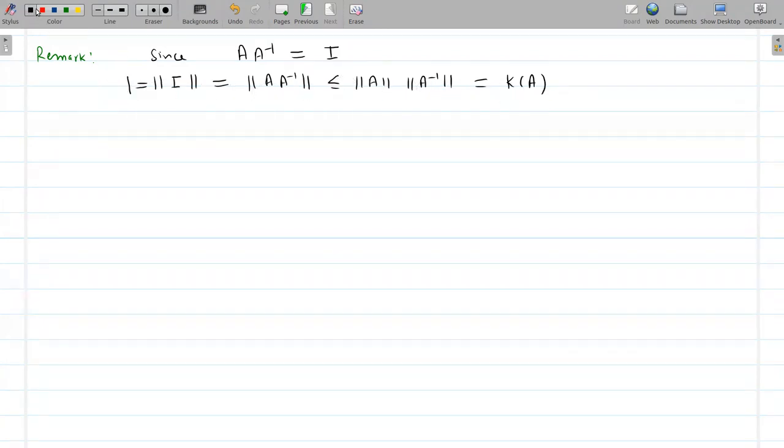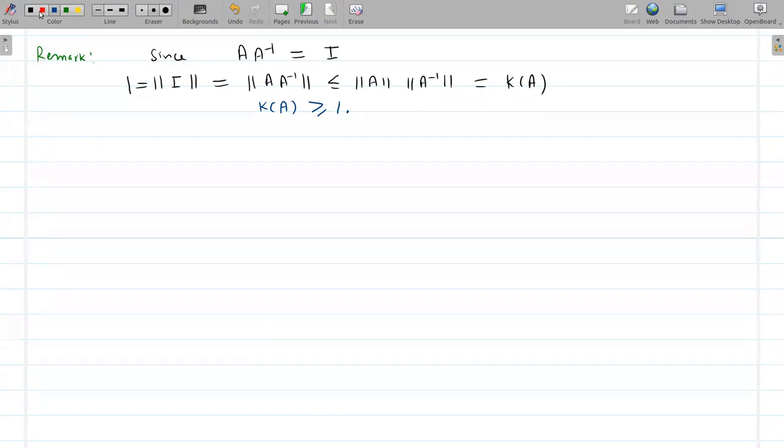So for any square matrix, this number is always at least 1, but it should not be much greater than 1. Like it can be 1, it can be 2, it can be 3, but it won't be like 1,000, 6,000, 4,000. Although it is always at least 1, it is not so much greater than 1.